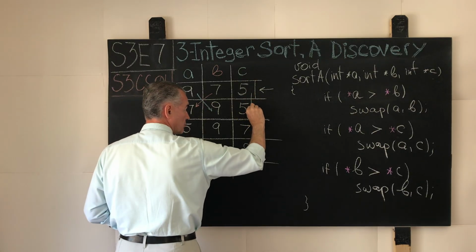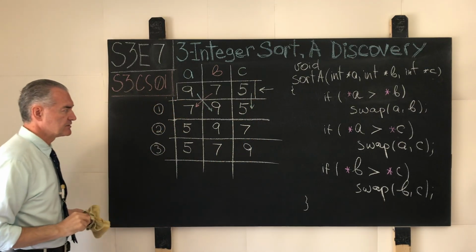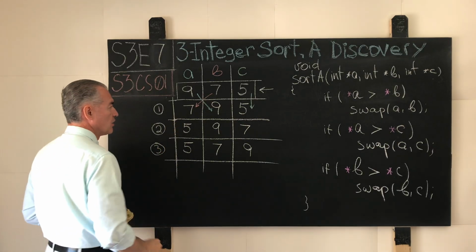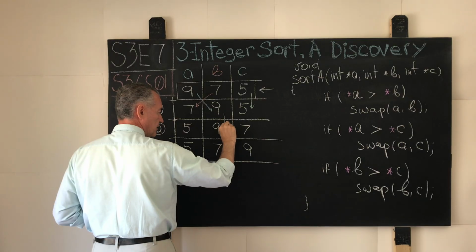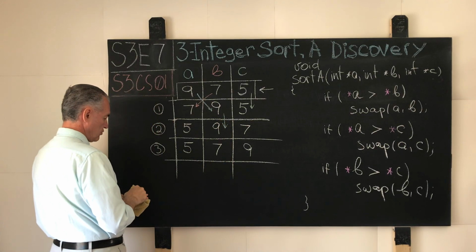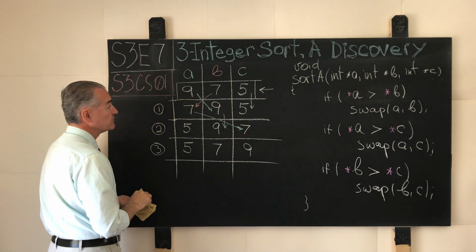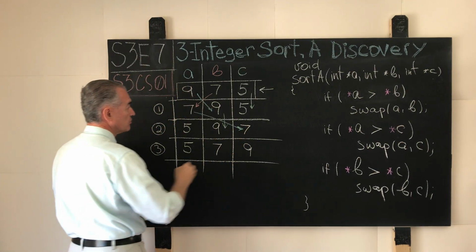We can put the green arrow like this. Now from the first to the second test, what happened? Well, look at this. 9 percolated down as it is. So then 7 jumped over here, and 5 jumped, I'm sorry, I used the wrong color.